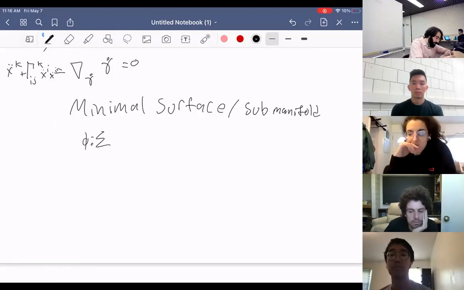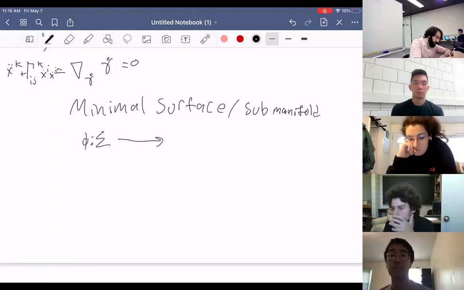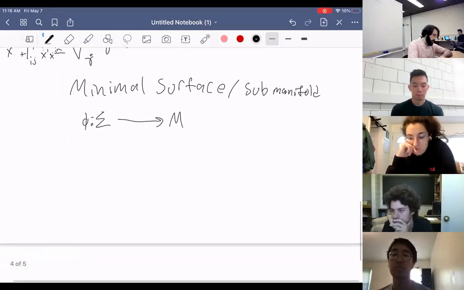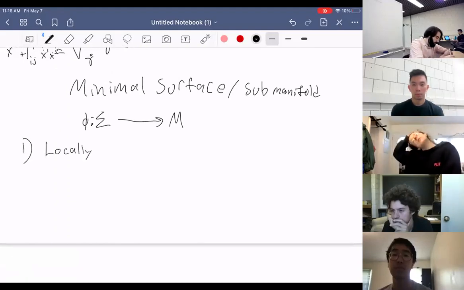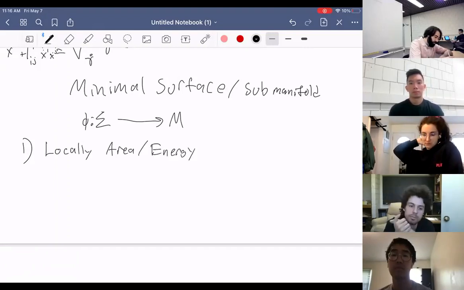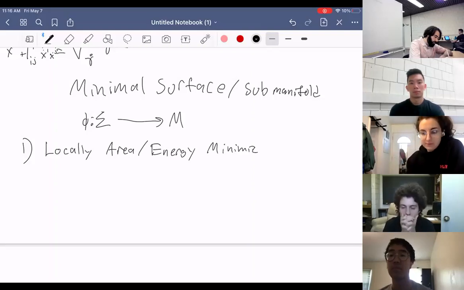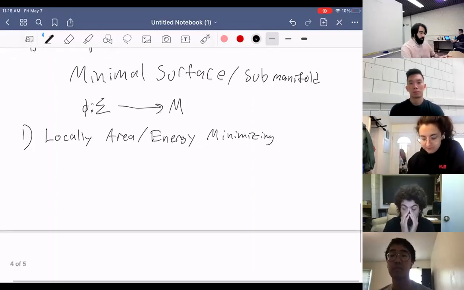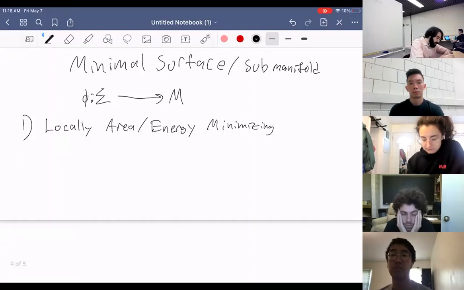The type of object that we're going to be looking at is some function or some immersion from some guy into a larger space, and it satisfies 3 equivalent properties. First, locally area / energy minimizing. So what this means is that, let D be some subset of our immersed submanifold and make it be sufficiently small.